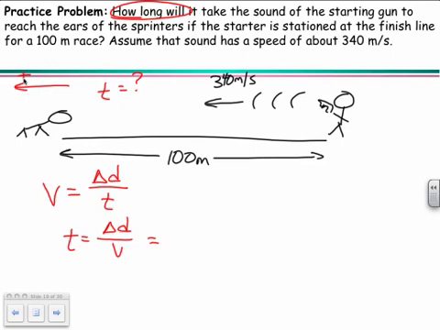So let's argue the positive direction is that way. What's my displacement, from here to here? It's a positive 100, because it finishes in this direction, which I've called positive. My velocity going in this direction is positive 340 meters per second.